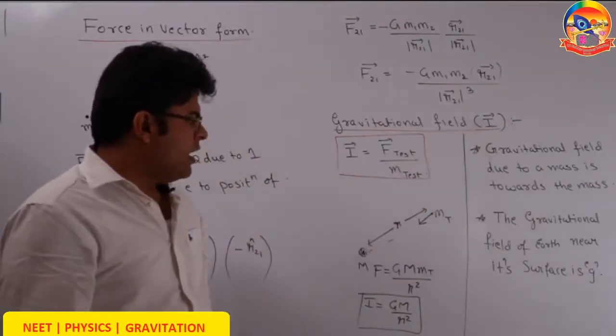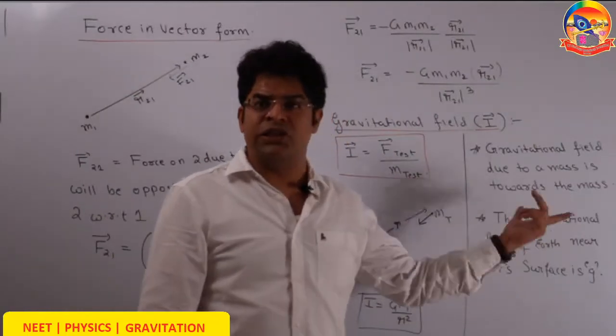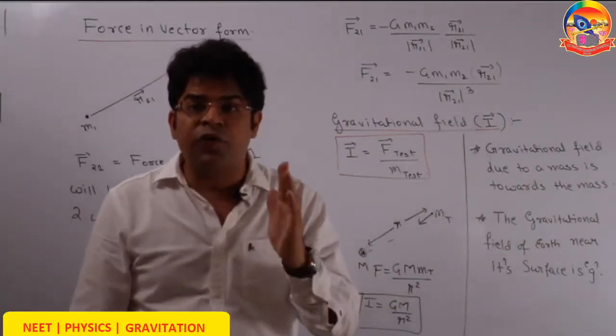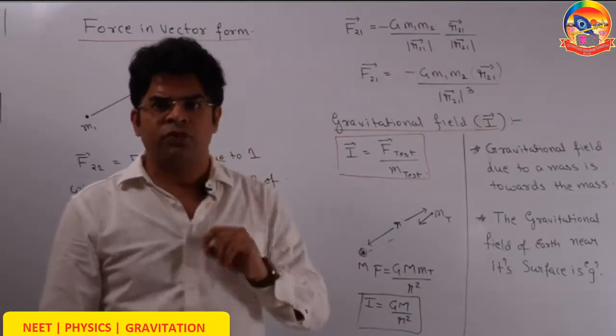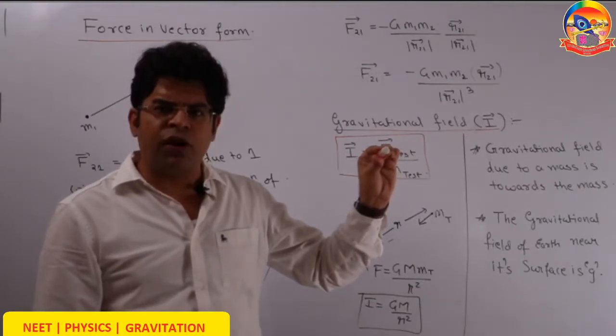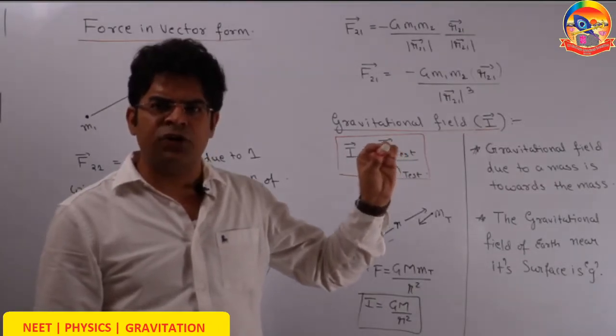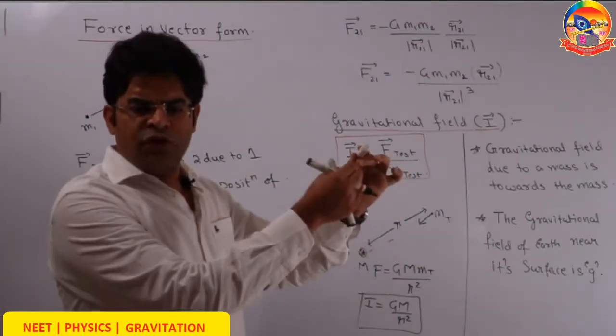Second thing, the gravitational field of Earth near the surface of Earth is g. Gravitational field of Earth and acceleration due to gravity are synonyms. Why? If I place the marker here and I ask you, beta, what is the gravitational field at the position of the marker? You will say, sir, very simple. Place a mass. Look at the force acting on this mass.